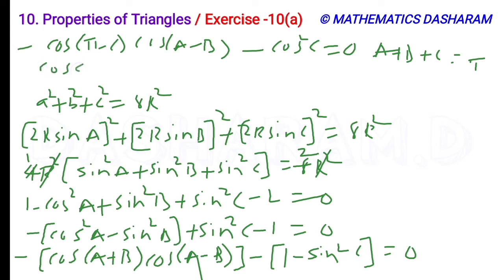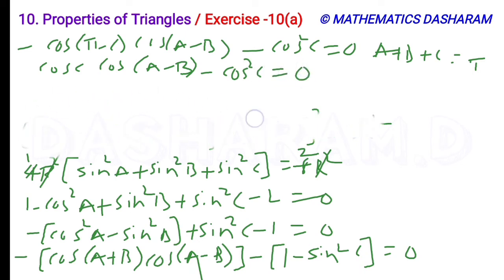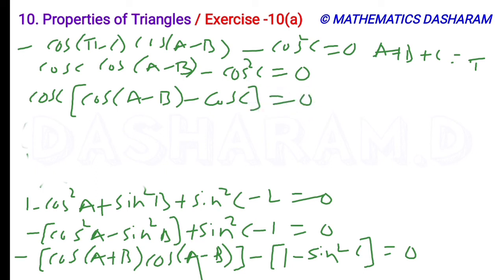So here cos C into cos(A minus B) minus cos square C equals 0. Now from both terms we can take cos C common. So take the cos C common. So cos(A minus B) minus cos C equals 0.